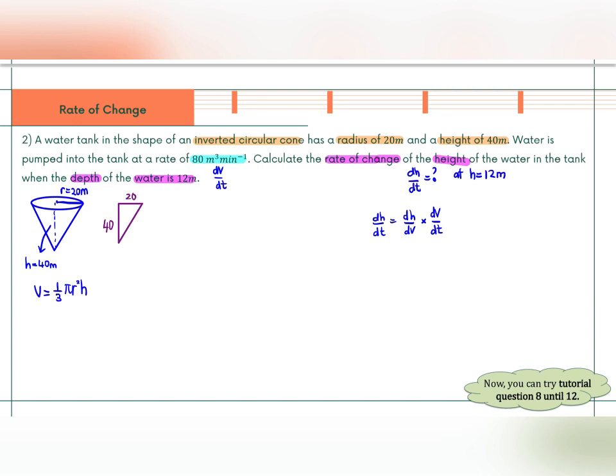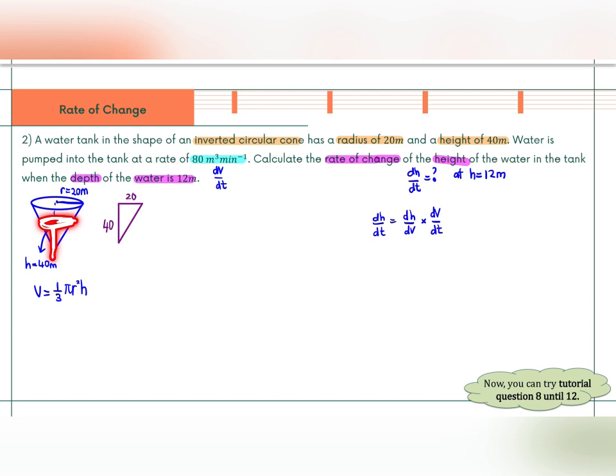Bila air itu dekat bawah sini, sebab H yang dia cakap kat sini adalah merujuk kepada H of the water. Okay. So, kalau air itu penuh, so radius dia 20 dan height dia 40. Tapi kalau air tu dekat sini, so dekat sini, radius kita dah berkurang dan height kita pun berkurang.